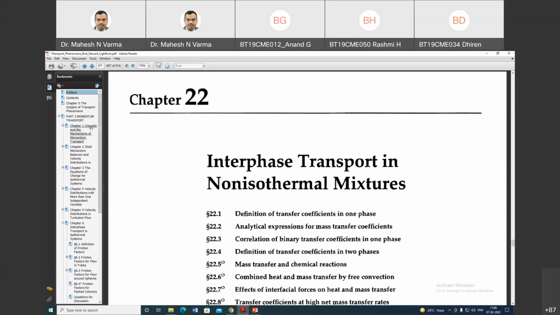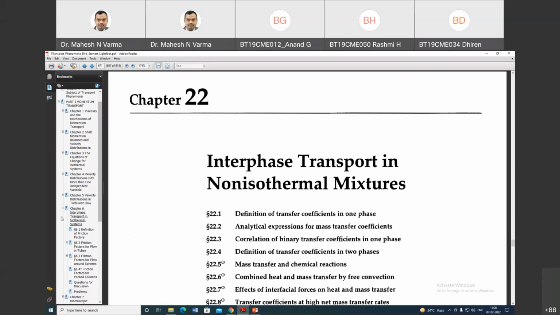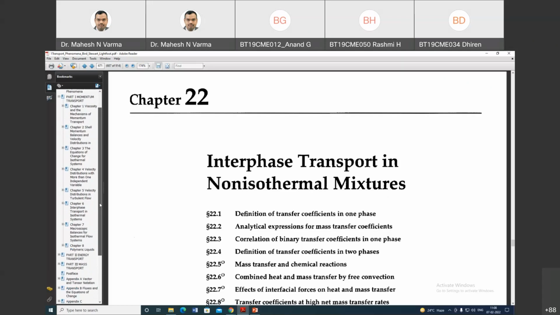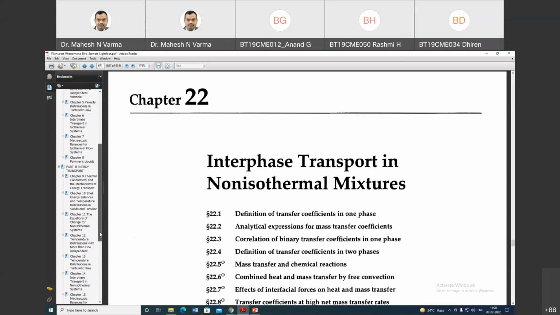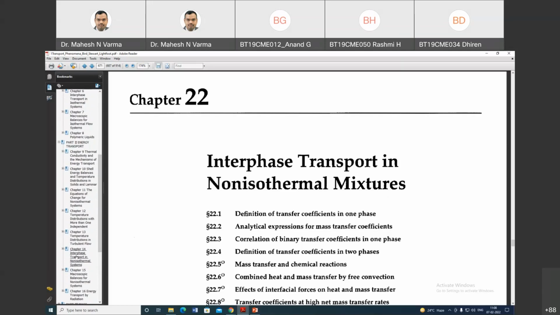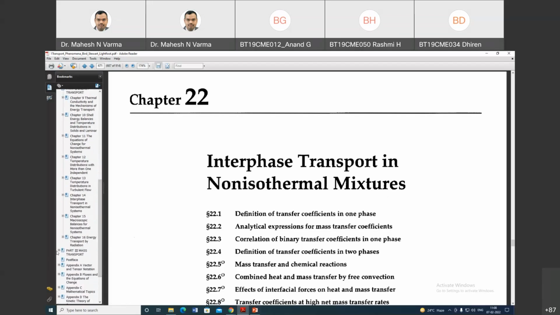So currently what we are looking at is contents from chapter number 1 and chapter number 6, then energy transport chapter number 9 and chapter number 14, and then in mass transfer chapter number 17.